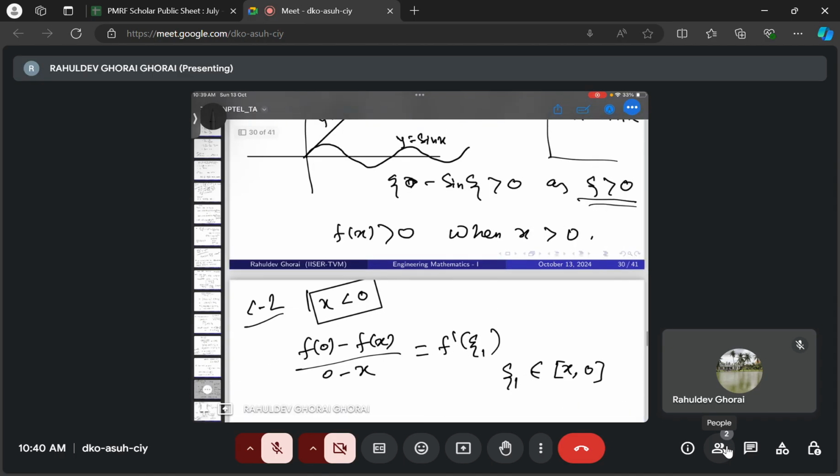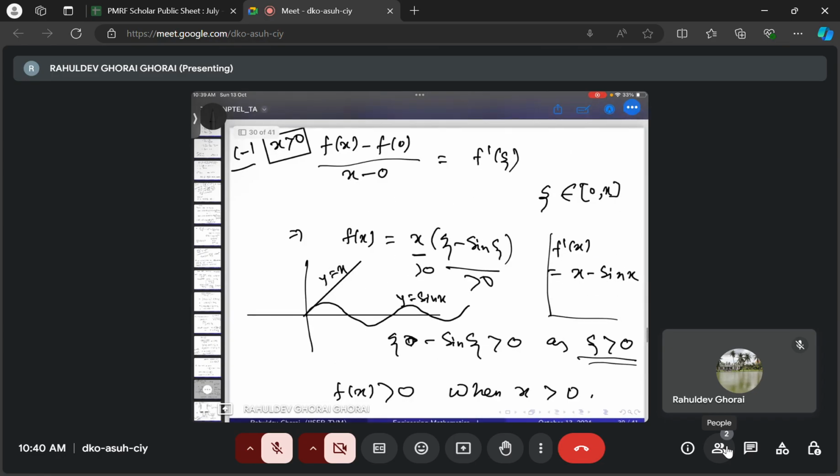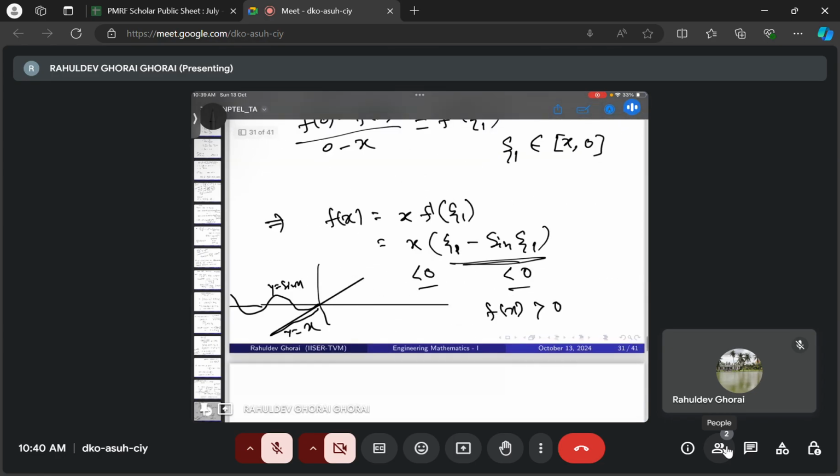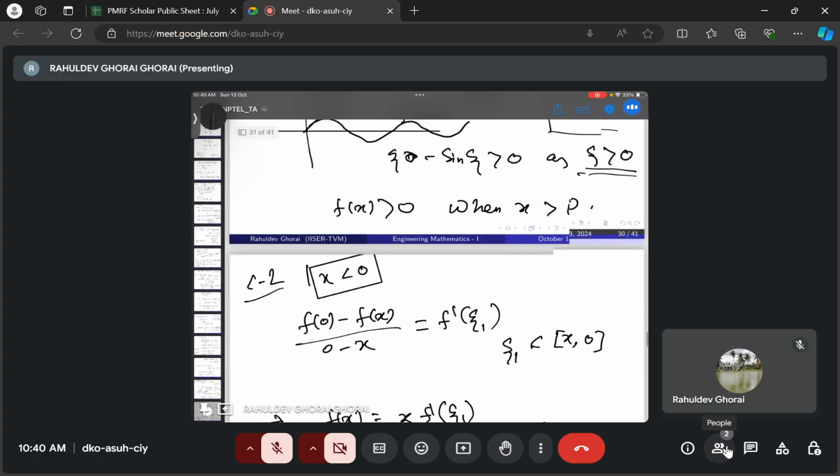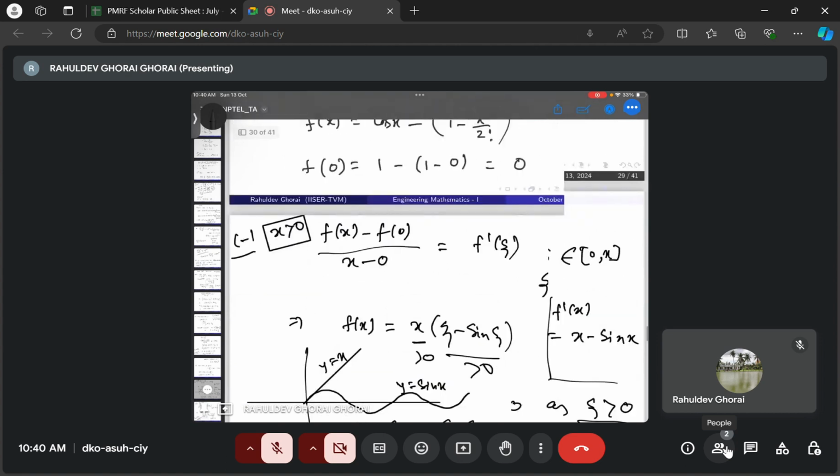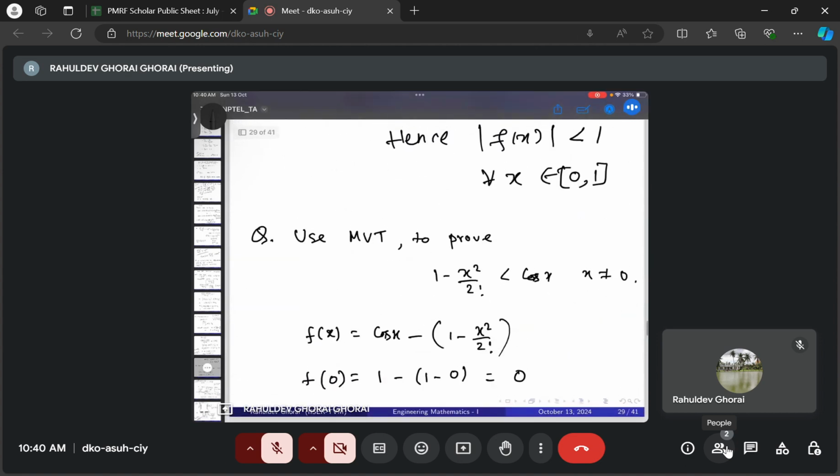In the first case both were positive. Here you have both negative, but the ultimate f(x) you want is positive. That's why you get f(x) positive for all x not equal to 0. So for 1 minus x squared over 2 factorial, it is strictly less than cos x, and when x is equal to 0 it will be equality.